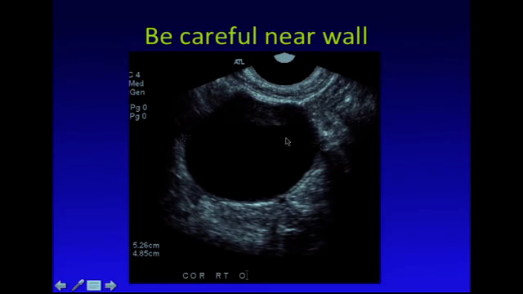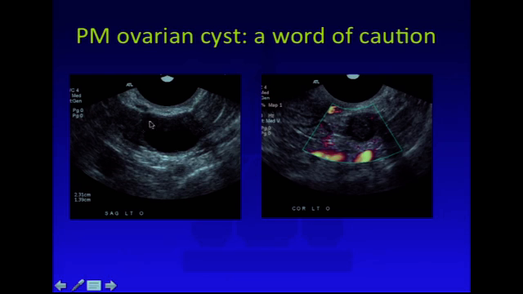Now again, look very carefully at the entire cyst, and be careful, especially of the near wall, because there are reverberation artifacts in cystic lesions, and you want to make sure that there is not a little nodule, which would put this cyst in a different category, hiding in that reverberation. So this is reverberation artifact here, but this is a different patient that had a cyst.